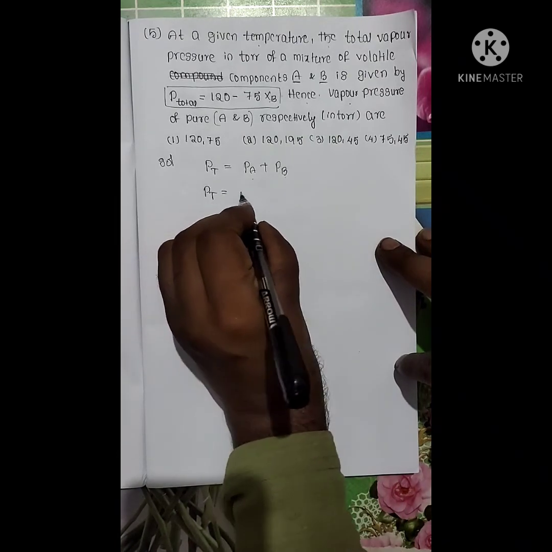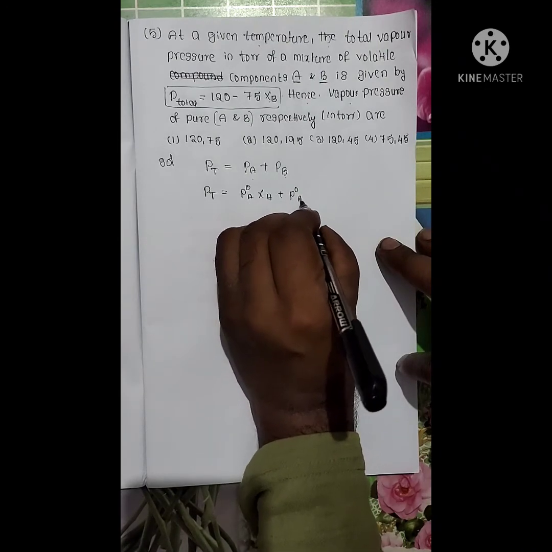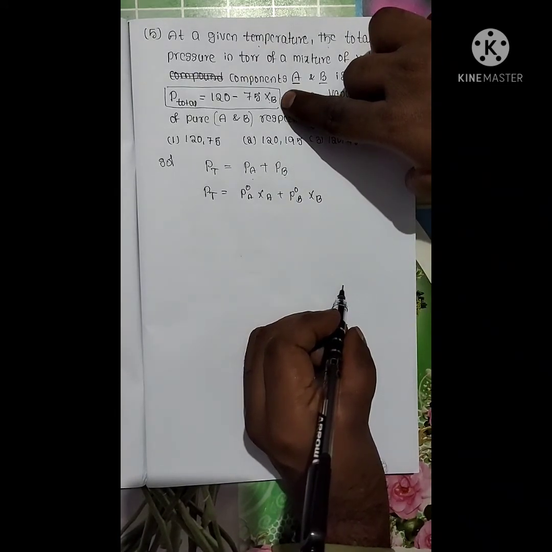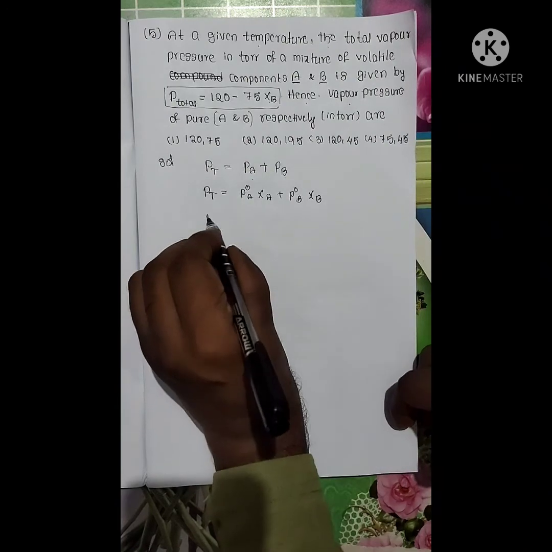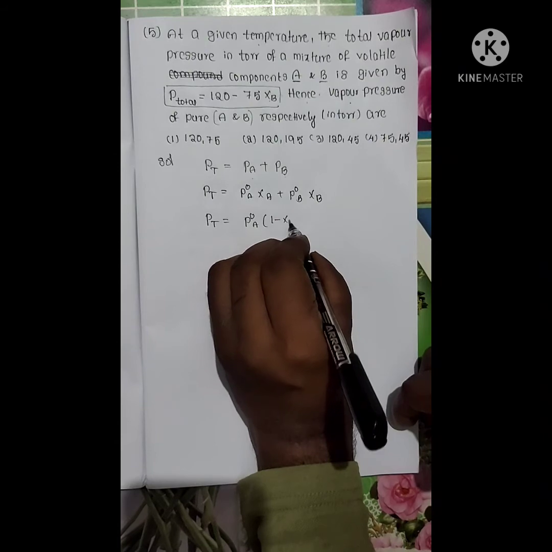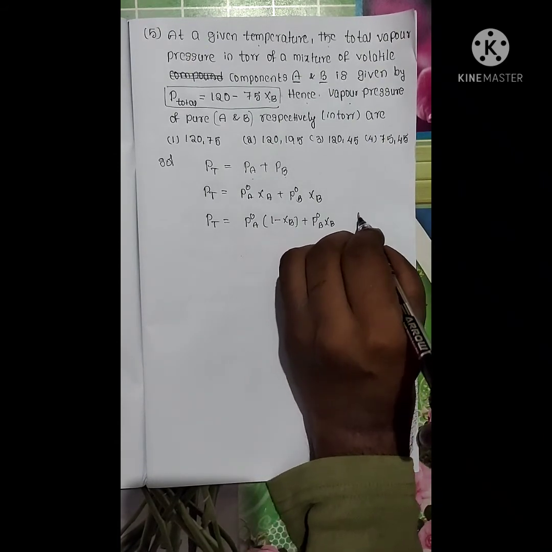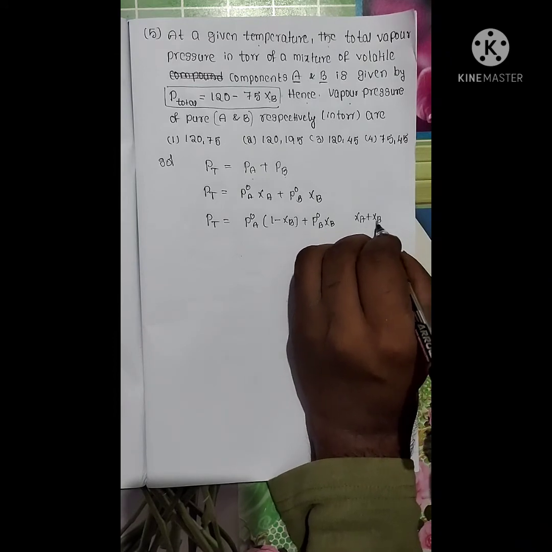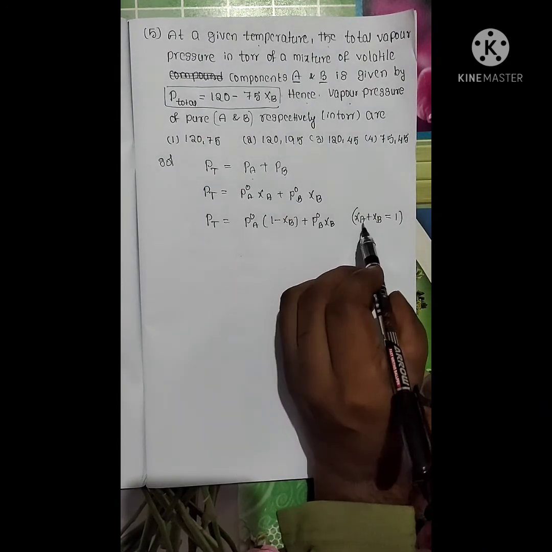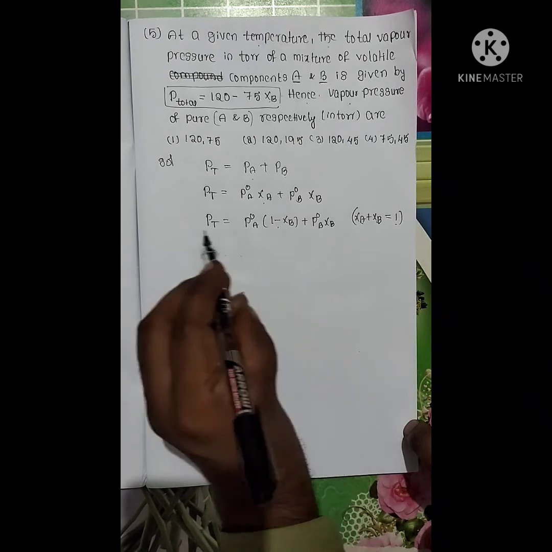Now, P total equals P naught A XA plus P naught B XB. XB is present in the given problem. So, P total equals P naught A into (1 minus XB) plus P naught B XB, because XA plus XB always equals unity, so XA equals 1 minus XB.